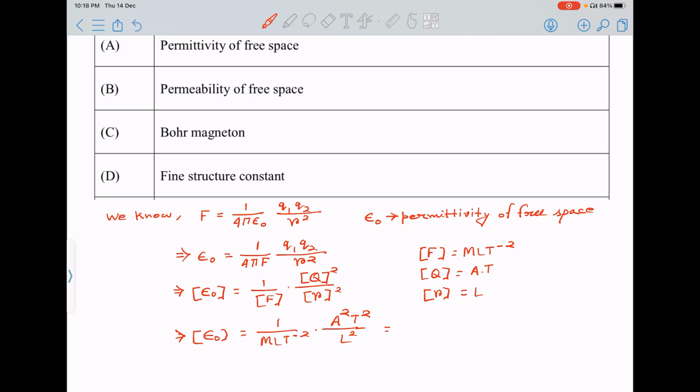So it will be M inverse L power minus 3 T power 4 A square.